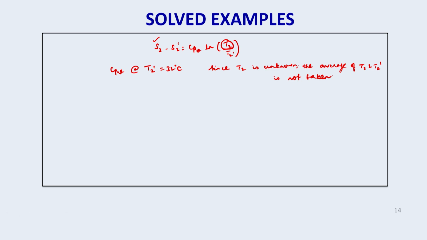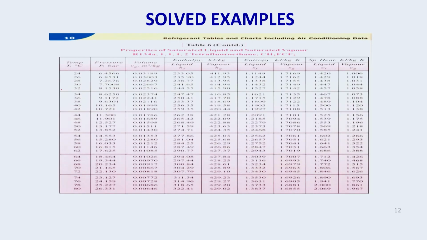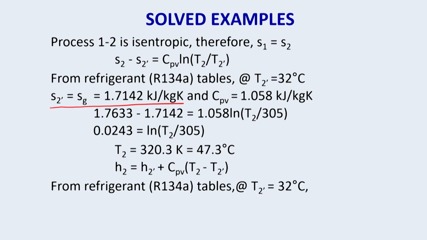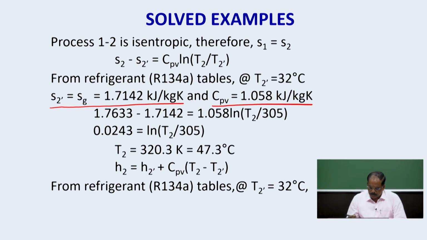Now let us go to the refrigerant tables corresponding to 32. Cp of vapor is 1.058. Let us check. 1.058 is the Cp of vapor corresponding to T2 dash, which is equal to the condensate temperature of 32 degrees centigrade.